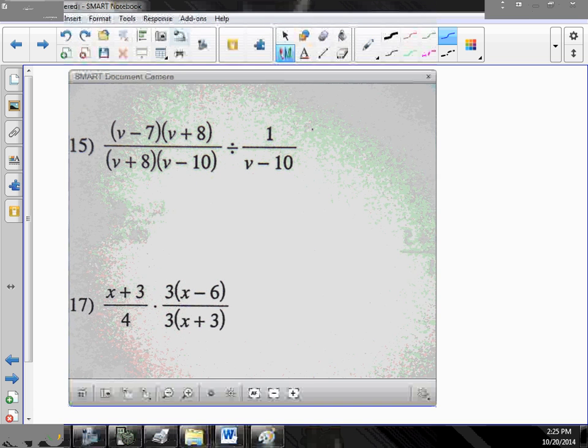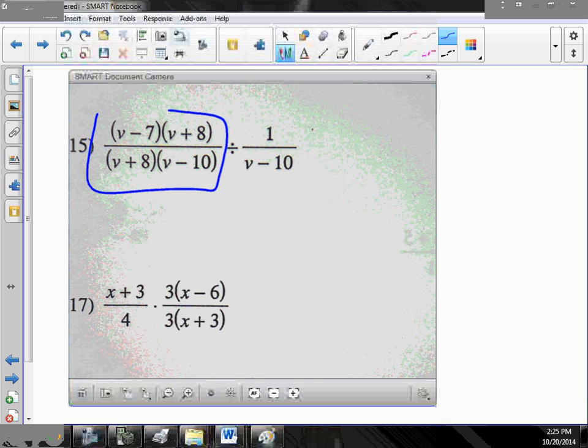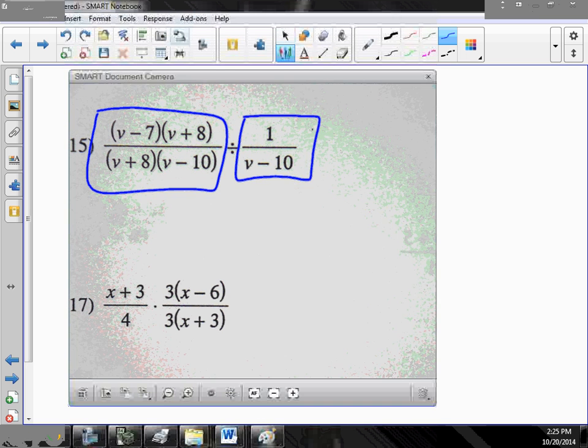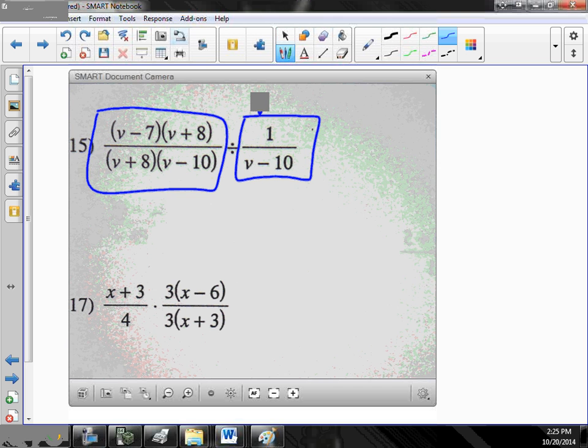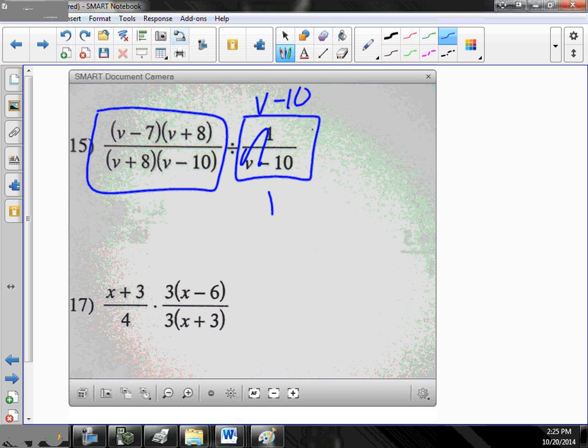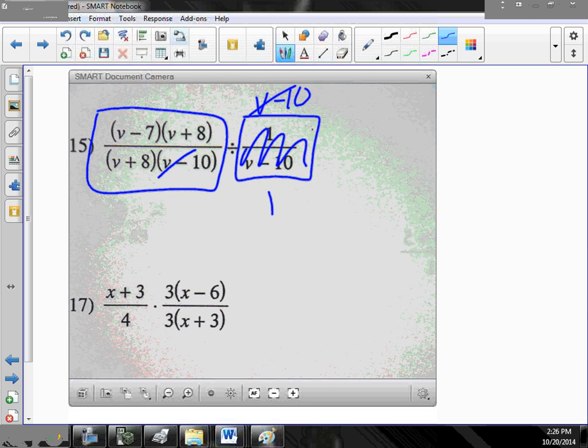So I have one rational expression divided by another rational expression. How do you divide two fractions? Flip and times. So it's really v minus 10 over 1. And this cancels that. These cancel.